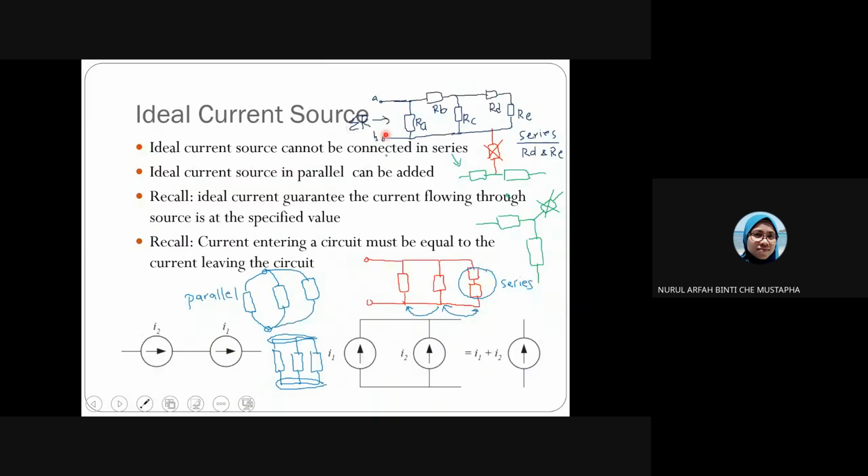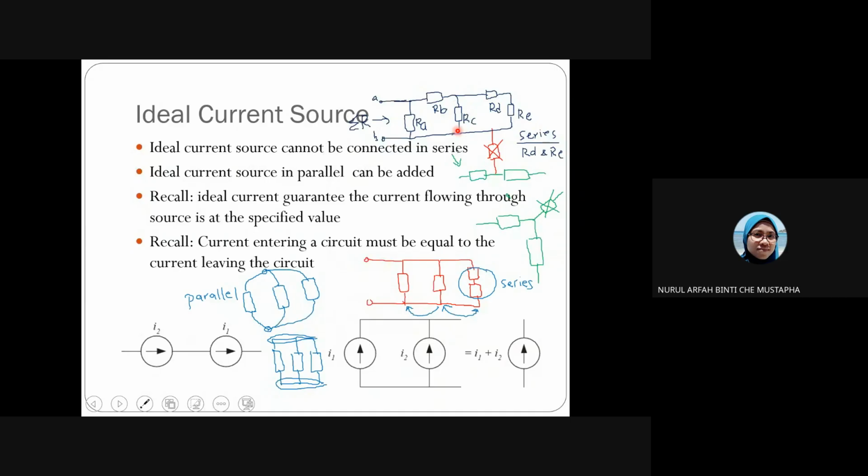So that is not, and then RA and RB, they are not in series. Okay, they are not in series. What about RD? They are in series, and RD and RE are parallel with RC. And then what about RB? RD with the whole thing here.